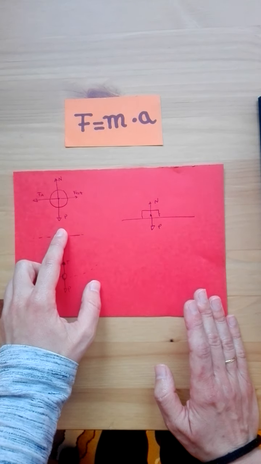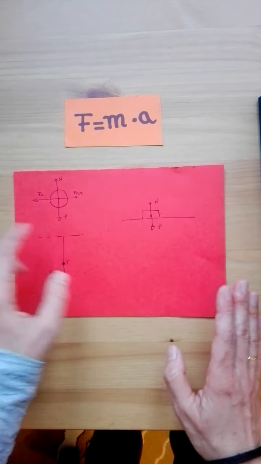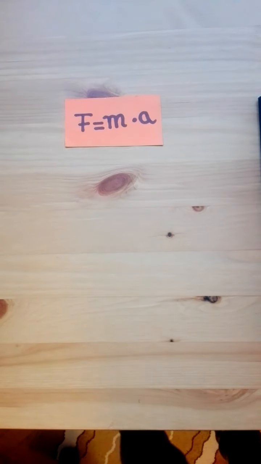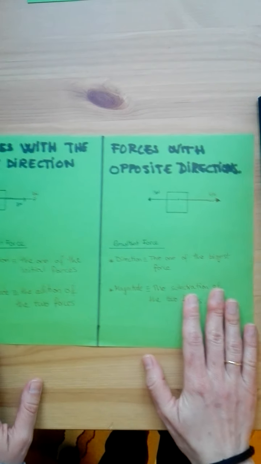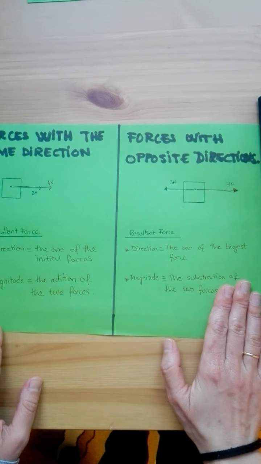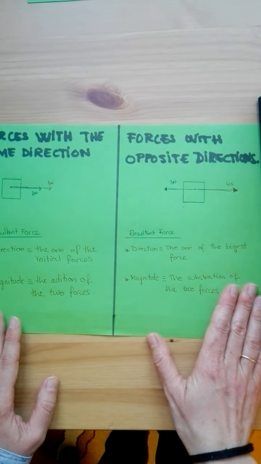So what we are going to learn is how to calculate this resultant force depending on the direction of that force, okay? The first case we are going to study is the easiest one, the one about forces that are in the same direction, okay?